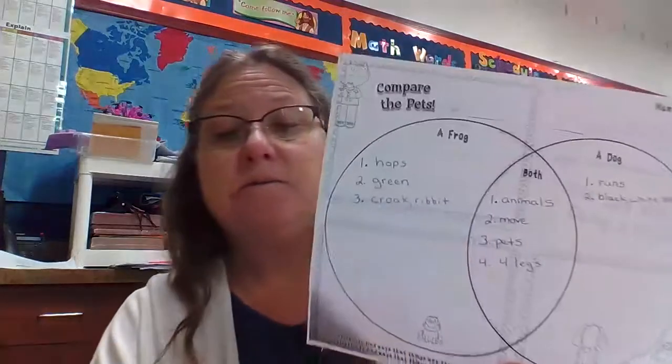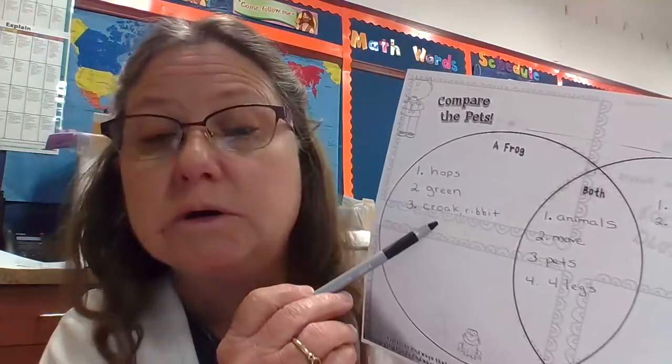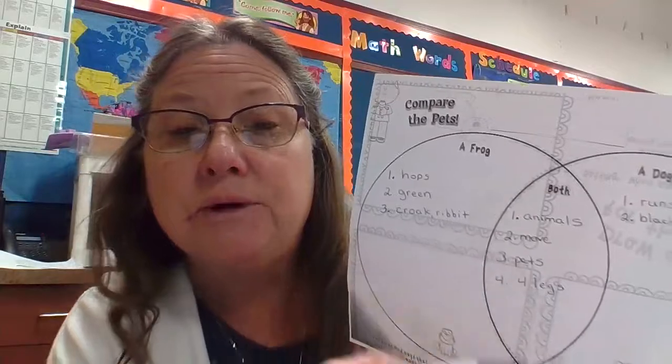Okay, well, let's think about that frog again. What sound does a frog make? Ribbit. Yeah. Frogs croak or ribbit. So I'm going to put croak and ribbit. Those are the noises they make.